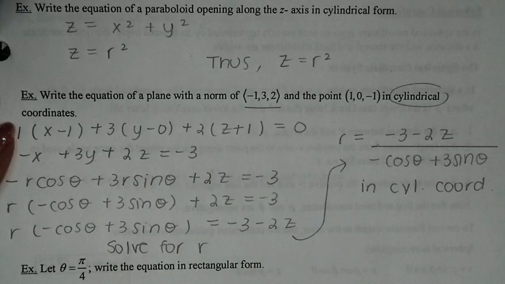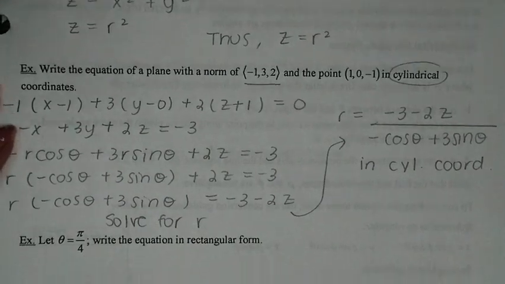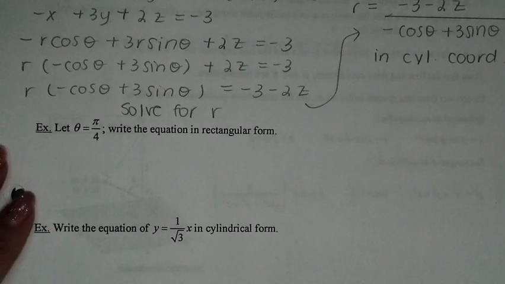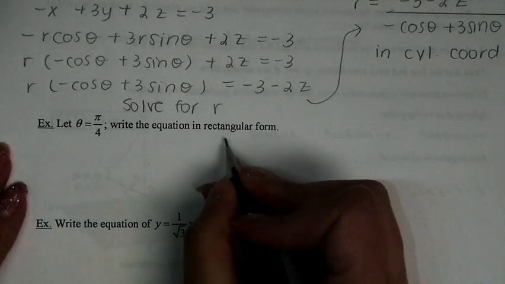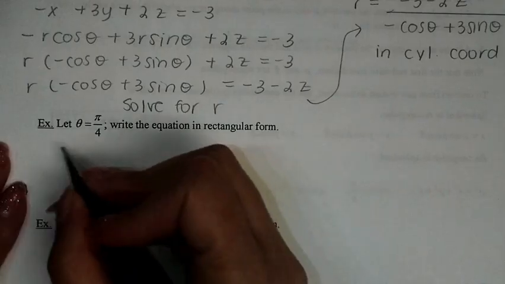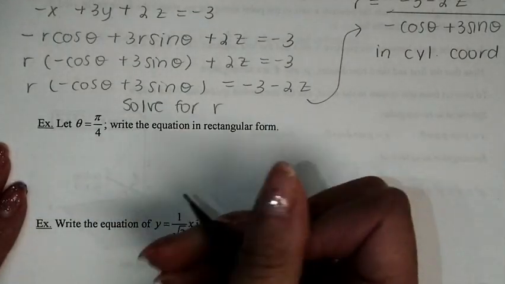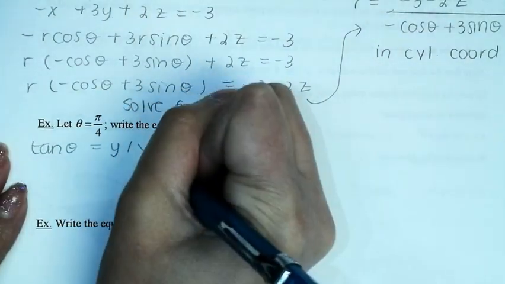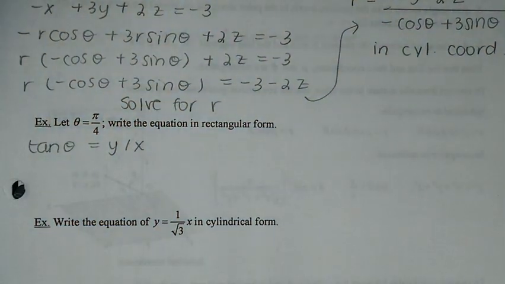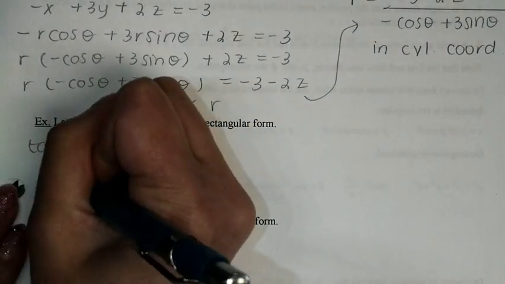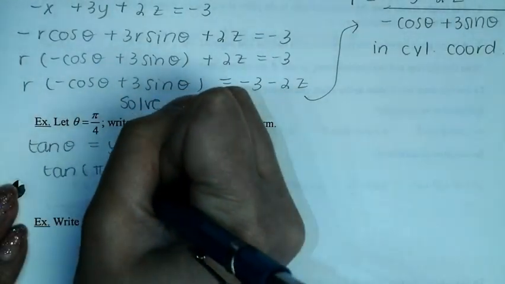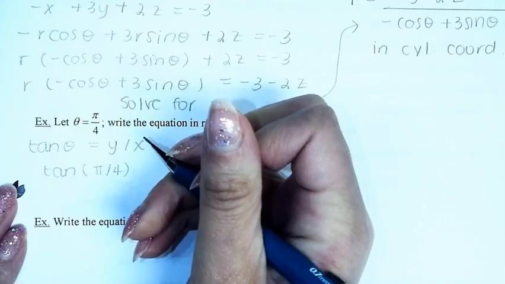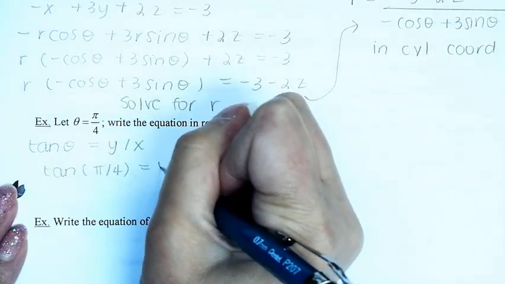Okay, so the next one that we have over here, they are telling you that theta is pi over 4. Write the equation in rectangular form. So you have an angle, so you know that tangent theta is equal to y over x. Do you agree with that? So in this equation, you have tangent of pi over 4 equal to y over x.